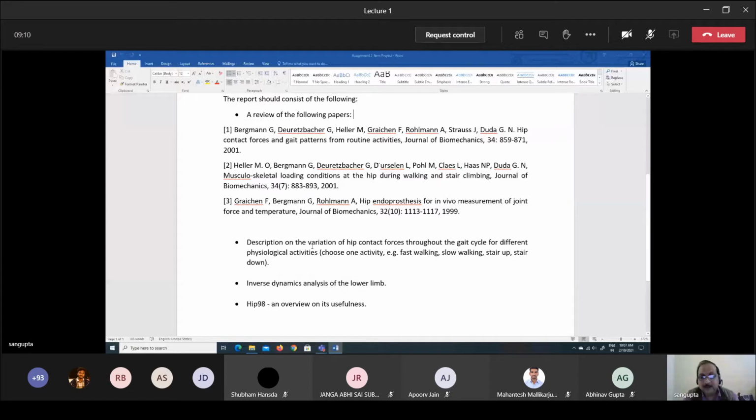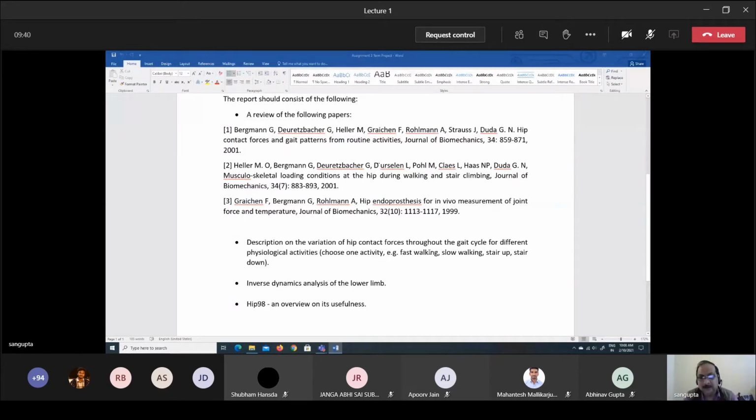Basically, first you have to understand the method, then you have to choose one activity, and then show how these things are calculated. You might have to show the calculations, so that your understanding of the method of calculation is clearly exhibited. Okay, did you get the point?